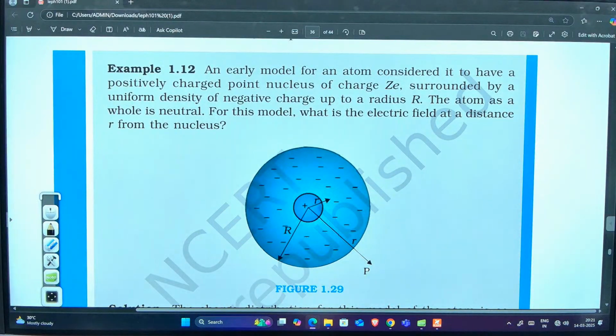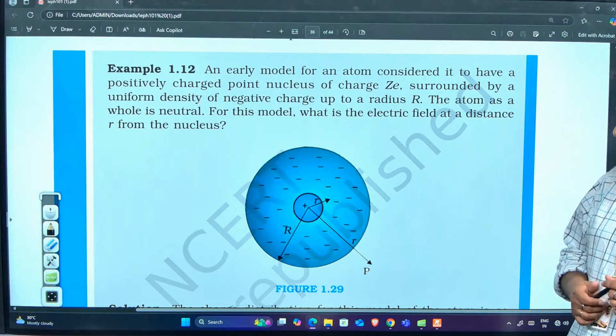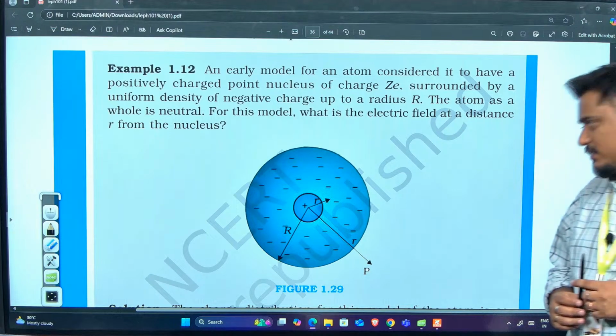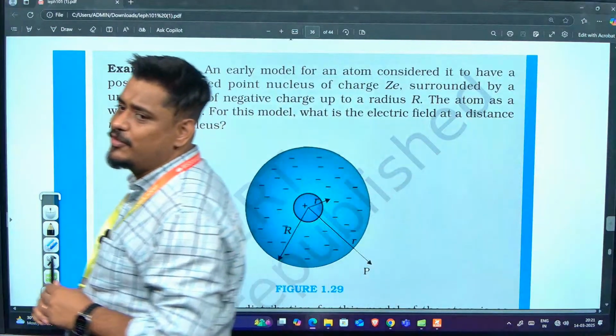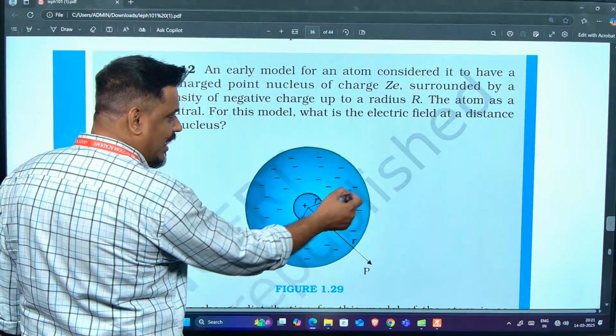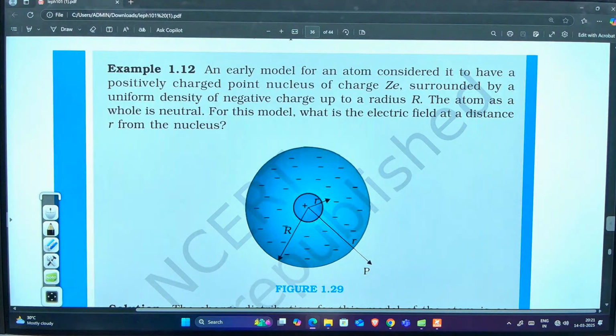They have given small r. That's what we have to find, the electric field at distance small r. Small r means you should consider whether r is inside, outside, or on the surface. Everywhere you should find it.